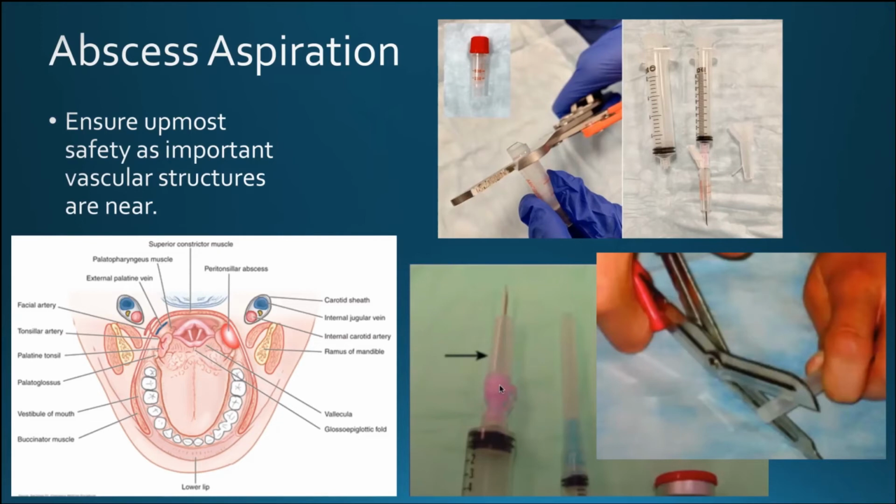And you can do what's called a cap needle approach, where you take the cap off the needle, see the distance of the peri-tonsillar abscess itself, and snip off the top, so that no matter how far you go, if that end cap goes flush up against the abscess, you're not going to end up anywhere near these vascular structures.